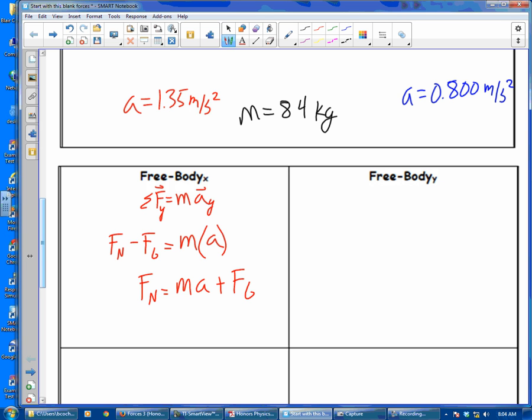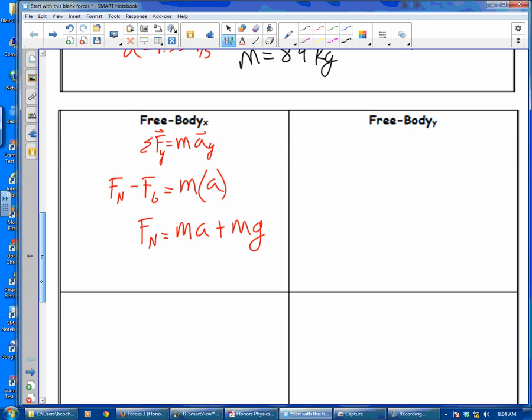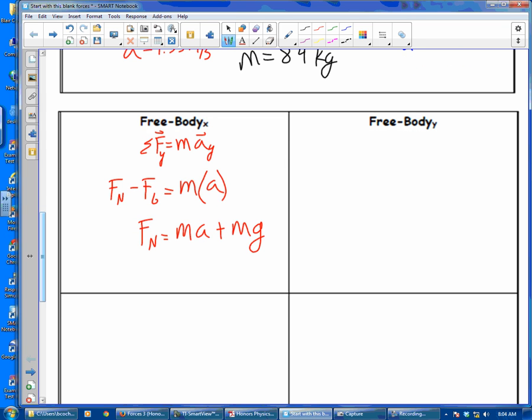And remember that FG I can replace with its identity, mg. So force normal equals M times A plus G.